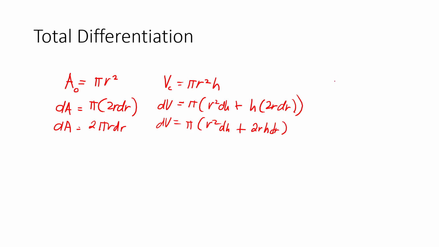Okay, there's more. So, let's say you have u is equal to xy squared plus z cubed. If we take the differential of both sides, that will be du is equal to, product rule, so copy the first, differentiate the second, that's 2y dy, plus copy the second, y squared, differentiate x, 1 dx, so that's y squared dx, plus 3z squared dz.